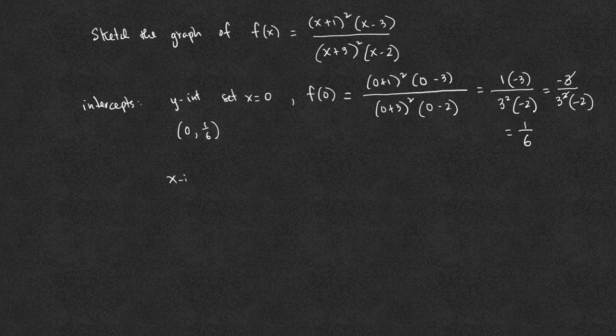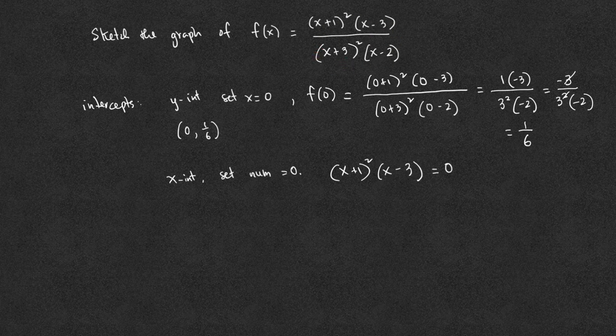To find any x-intercepts, we set only the numerator equal to 0. In this case, we have (x plus 1) squared times (x minus 3) in the numerator and set it equal to 0. This is essentially solving a polynomial, but it is already in factored form. This is one of the reasons why we want to factor the numerator and the denominator if it's not already in factored form.